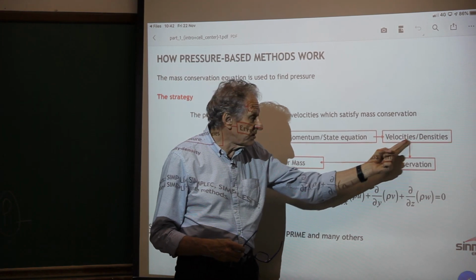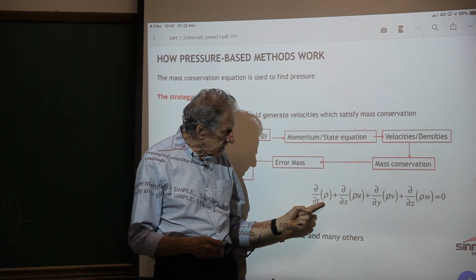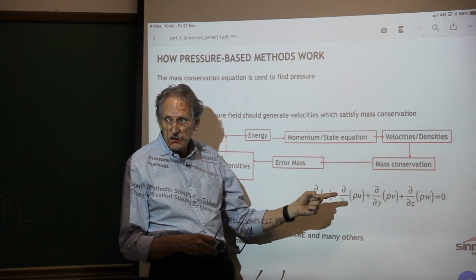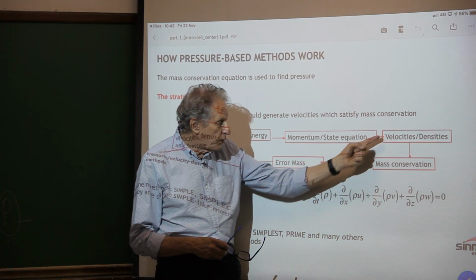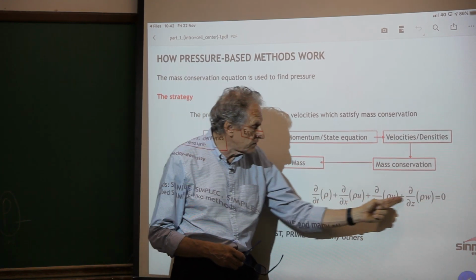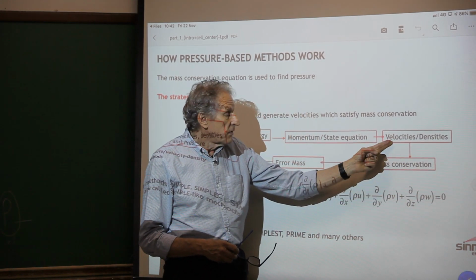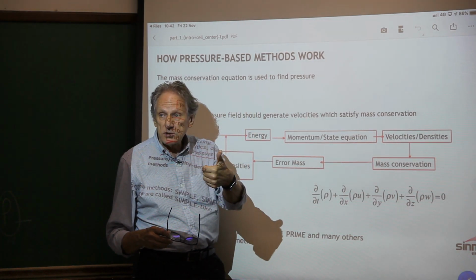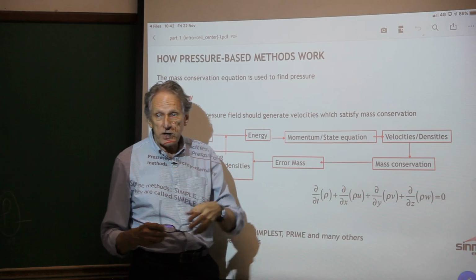If you have velocities and densities, you can put them here, in the mass conservation equation, as functions of pressure. Velocity as a function of pressure.